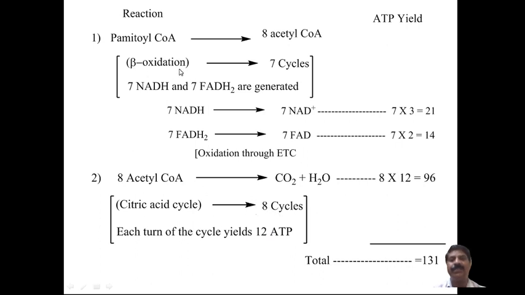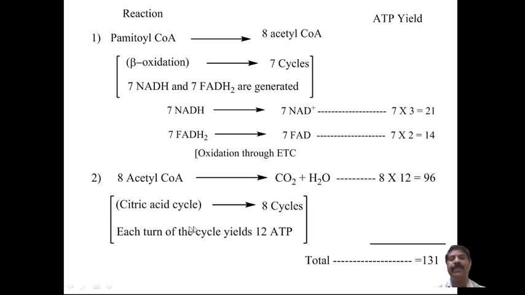Here the beta oxidation cycle contains 7 cycles, and 7 cycles means 7 NAD plus and 7 FAD molecules will be liberated. But here 8 acetyl coenzyme A is converted to CO2 and water in the citric acid cycle.